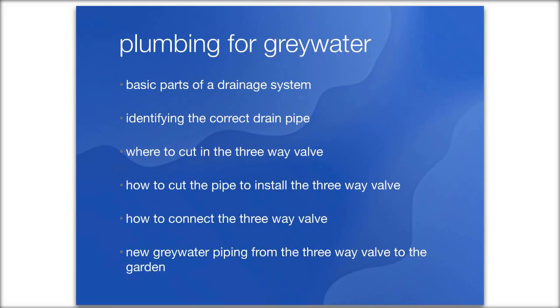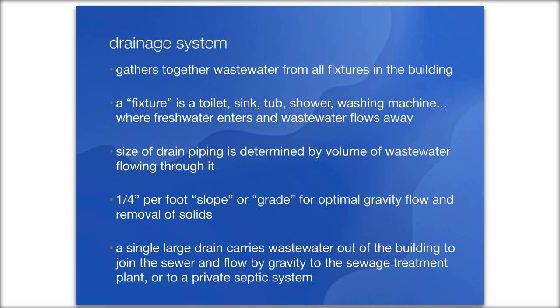So what we're going to cover is the basic parts of the drainage system, how to identify the correct drain pipe that you would be cutting, how and where to put the three-way valve, how to cut the pipe to install it, connecting the three-way valve to the piping that you're going into, and then running new Greywater piping from the three-way valve out to the garden. So if you haven't done any plumbing, this is a whole new realm. For some of you, it will probably be familiar.